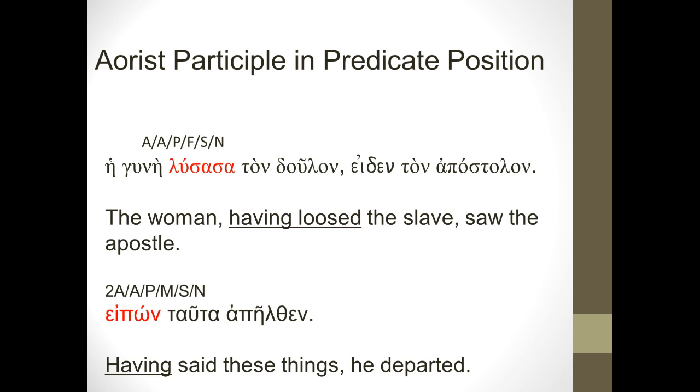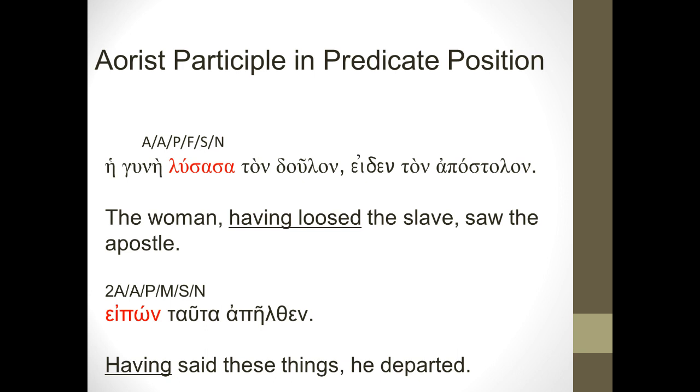The woman, having loosed the slave, saw the apostle, or after loosing the slave, saw the apostle. You could even say the woman who loosed the slave saw the apostle. It does the same thing.